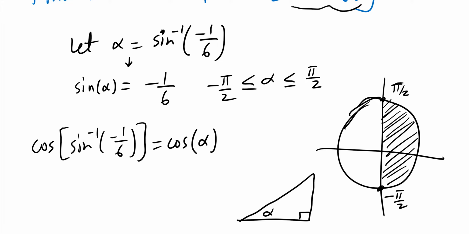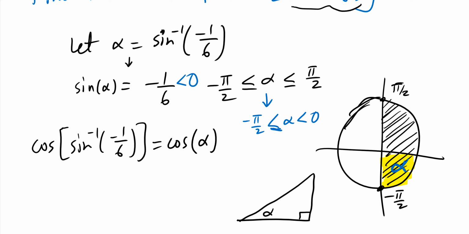That forces alpha to be only in the fourth quadrant. It can't be in the first, because in the first it's positive. This is negative, so this forces alpha to be somewhere from negative pi over 2 to 0. It can be 0, because sine 0 is 0.